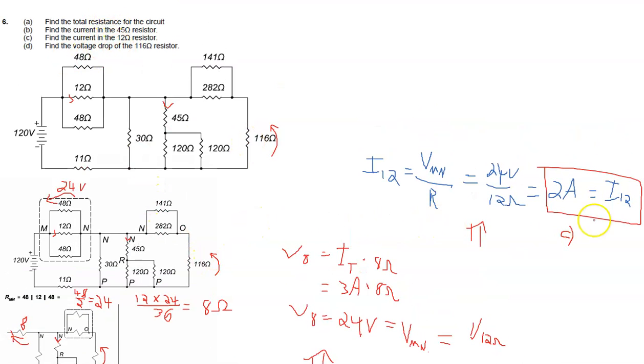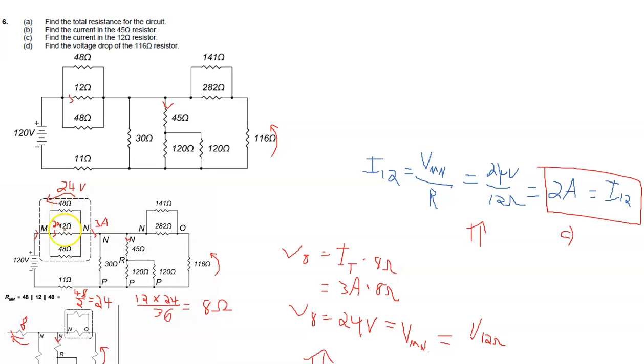Okay, so let's think about this 2 amps now. Between M and N, 3 amps flows through there. It's IT. That divides at point M into 3 currents such that it comes out here again as 3 amps, IT. And we said that 2 amps went through the 12 ohm resistor.